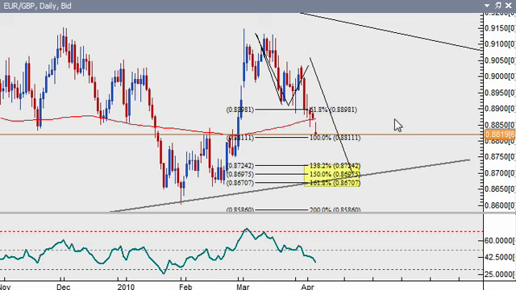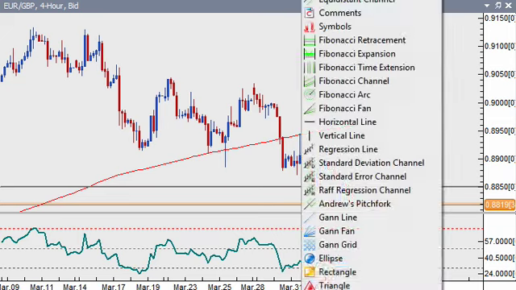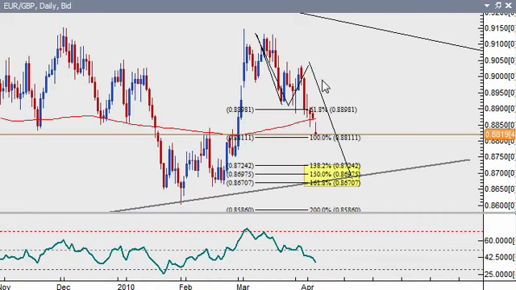Okay, so that would be a short intermediate term target, 0.87. Looking at the 4-hour time frame here, this gap that started the week and the inability to close that gap also shows bearish. It's a very bearish signal, so that's confirmation for your outlook in the short intermediate term towards 0.87.